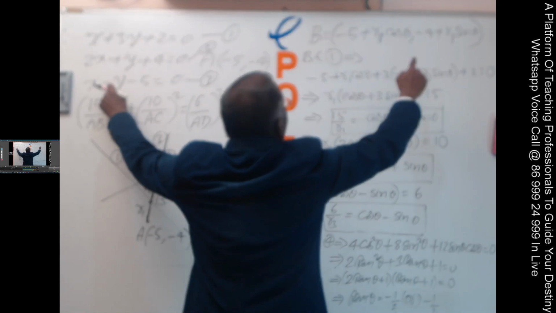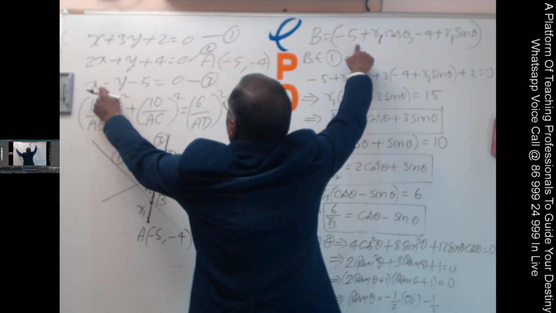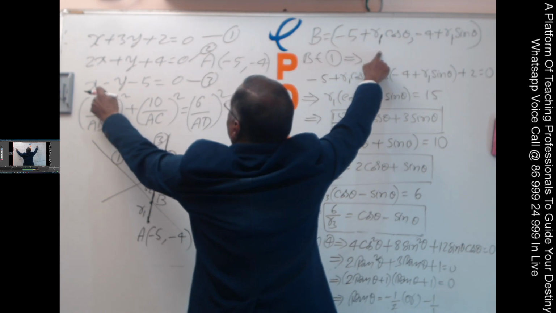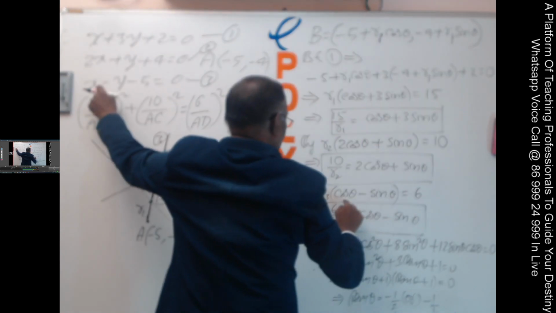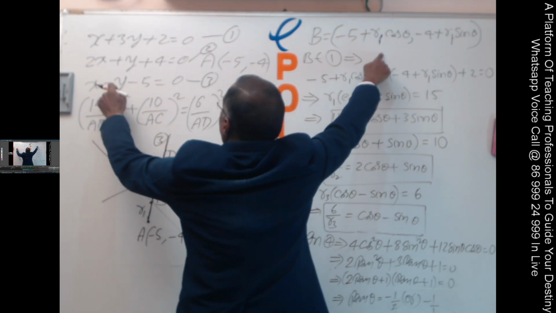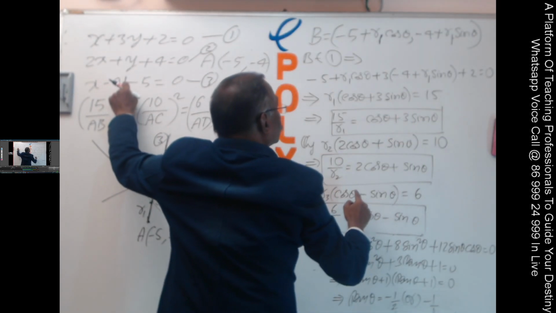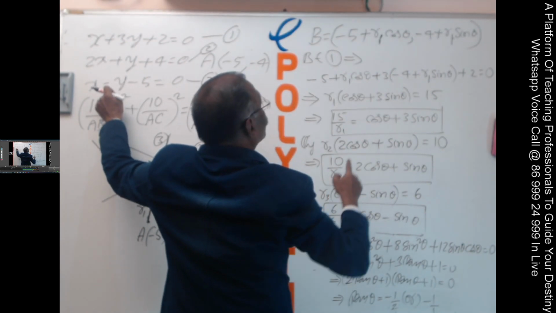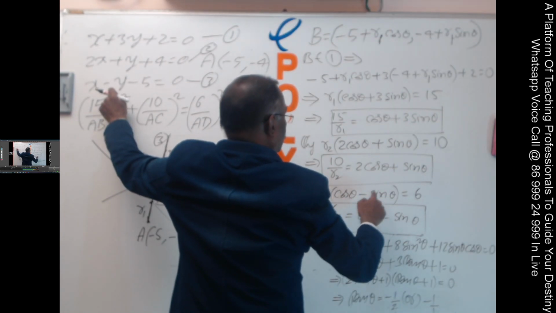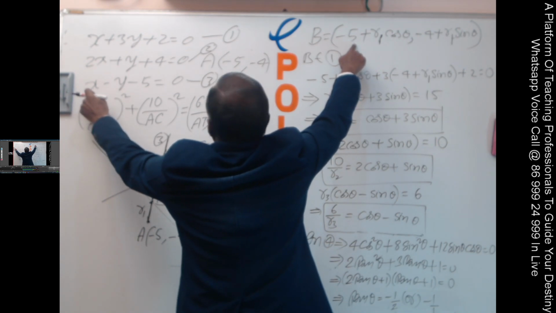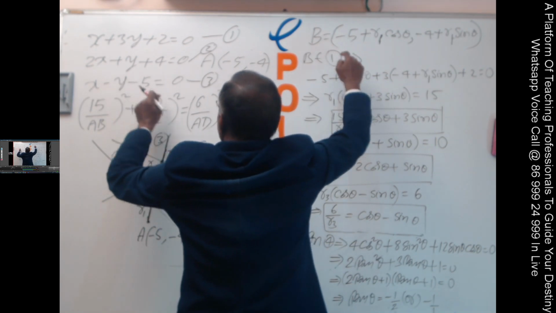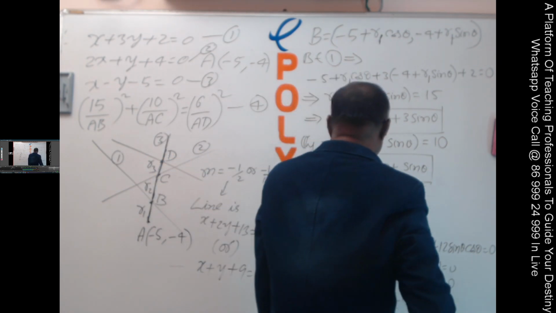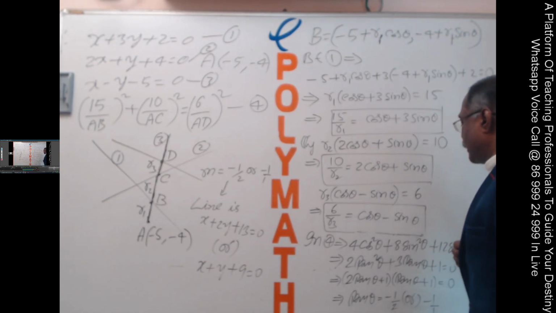Now coming to this, r3 into cos theta, and this is minus sin theta. Here if you substitute, now this is minus 5 plus 4, minus 1 minus 5 is equal to minus 6. So 6 by r3 is equal to cos theta minus sin theta.